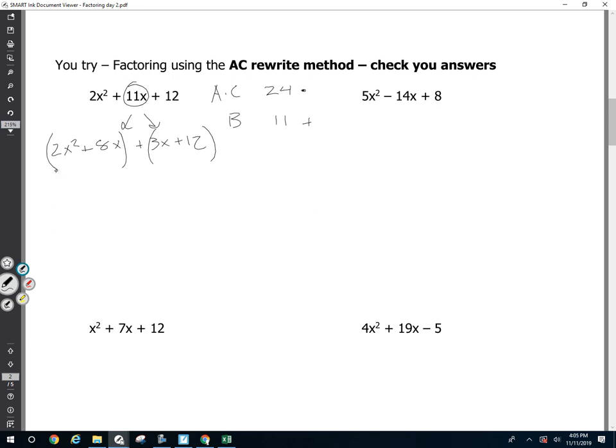Out of 2x squared and 8x, they share a 2x. What's left over is x plus 4. Out of 3x and 12, they share 3. What's left over is x plus 4. Factor out the x plus 4, whatever's left, that's in the other term.